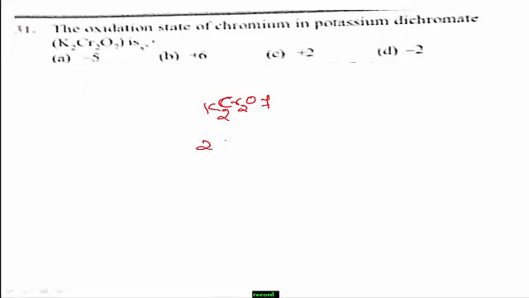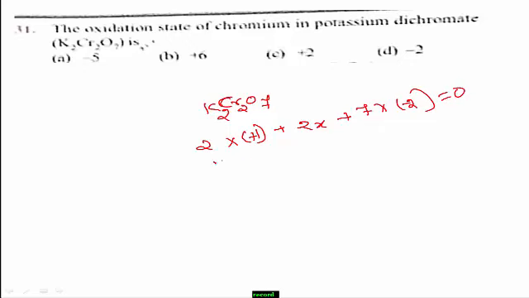Students, calculate by this method. K is always plus 1, an alkali metal, so 2 into plus 1, plus 2 into x, because I take 2x here, as this is what we want to calculate, plus 7 into minus 2, overall equal to 0.